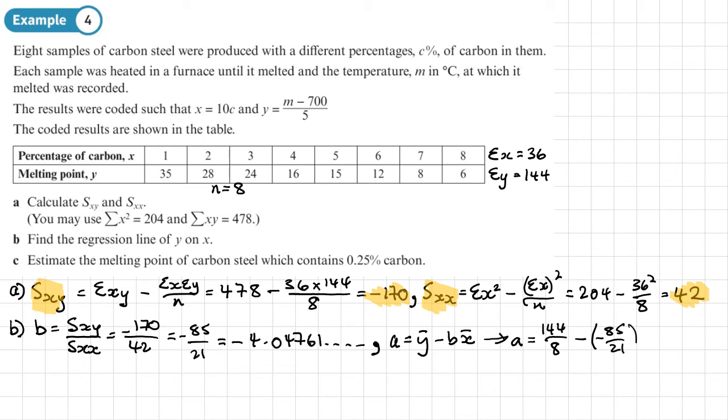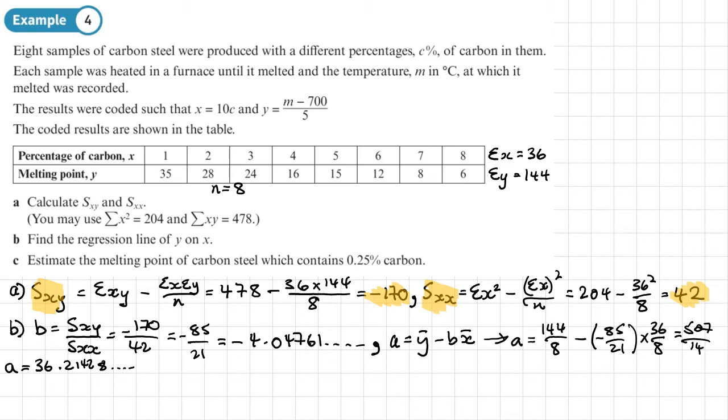So minus B, B happens to be negative, times the mean of X, which is just the sum of X over N, so times 36 over 8. Now that gives us exactly 507 over 14. If we use the SD button, that will give us 36.21428 and so on.